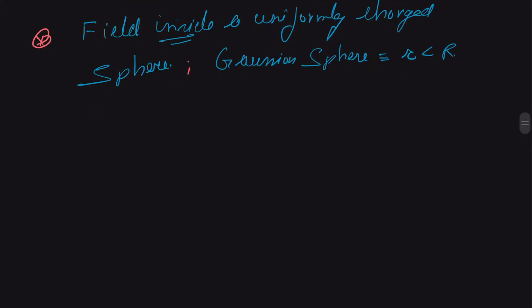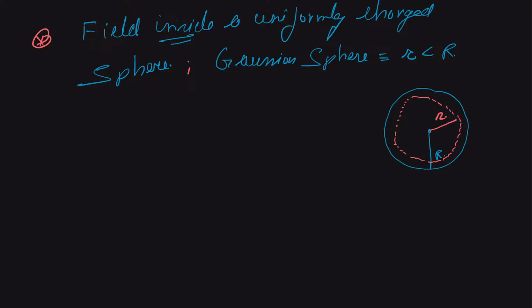So if this is our sphere, the center of the sphere, and R is our radius, we consider a Gaussian surface which is very close to the outer surface, a little bit inside, and its radius is given as small r.